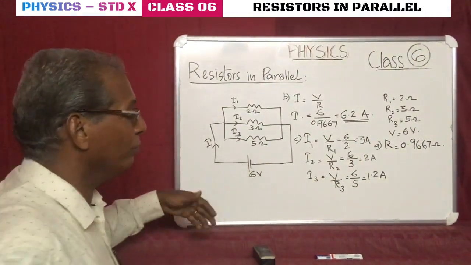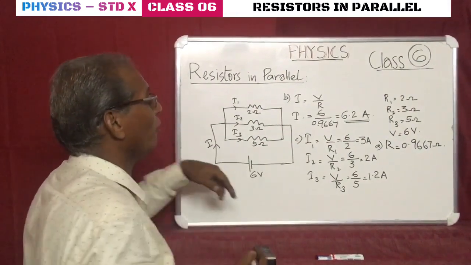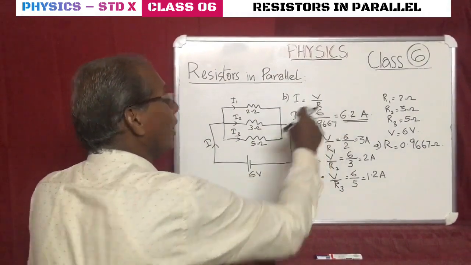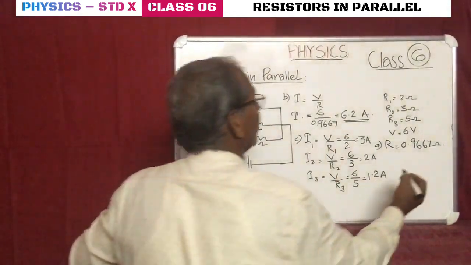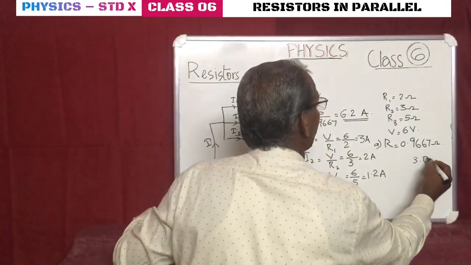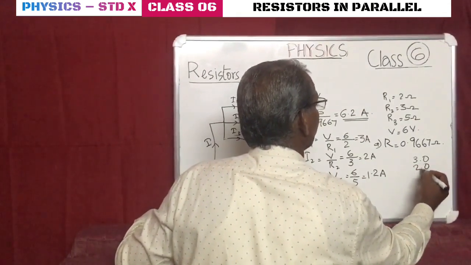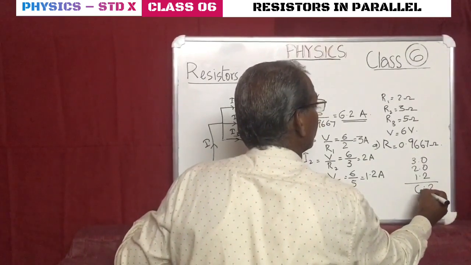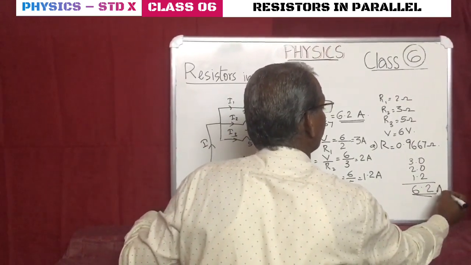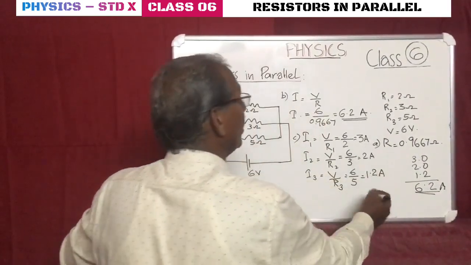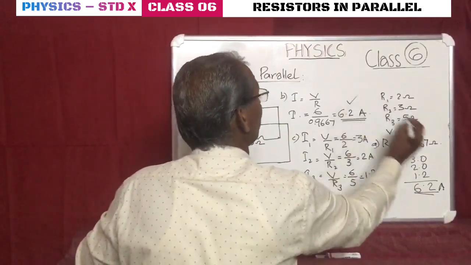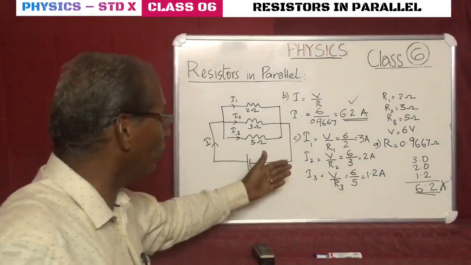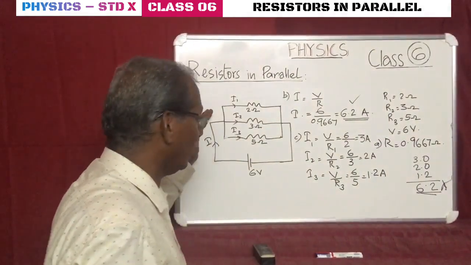Let us check. These are the I1, I2, I3 values: 3, 2, 1.2. We can check whether we get the total current 6.2 in the circuit. The sum of these three is equal to the same 6.2 ampere. So the condition that we cross-checked holds, and this is the total current in the circuit.